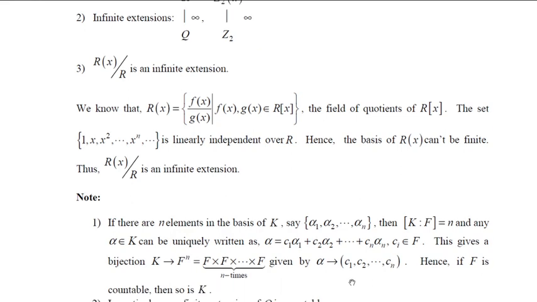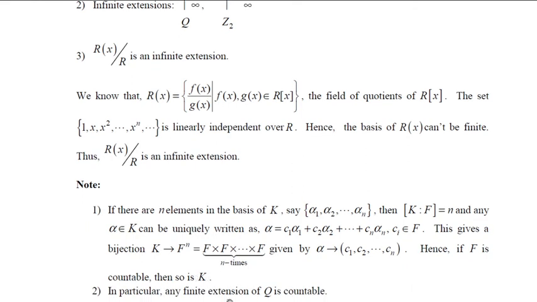Hence, if F is countable, then we knew that the set of all n-tuples is countable. Therefore, K is also countable. And in particular, any finite extension of the rationals is countable because Q is countable.